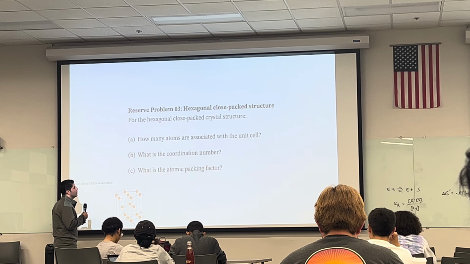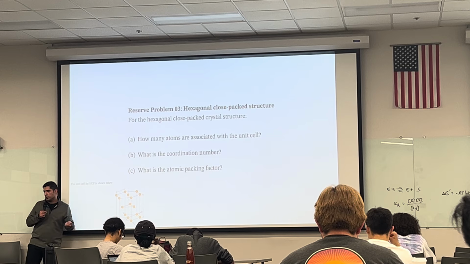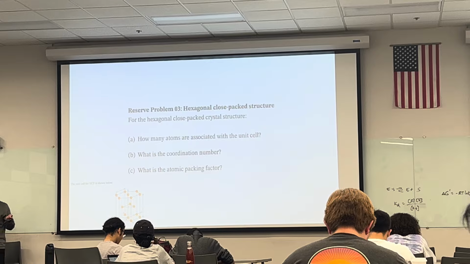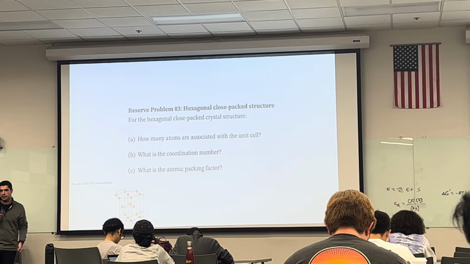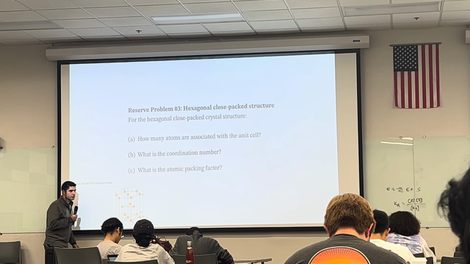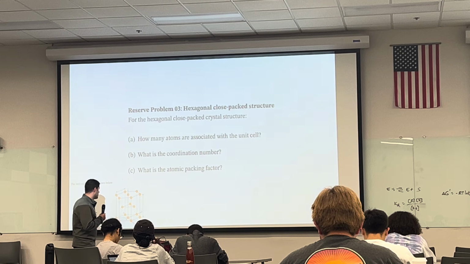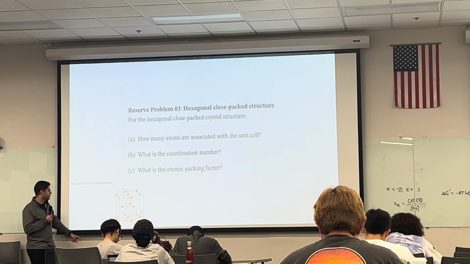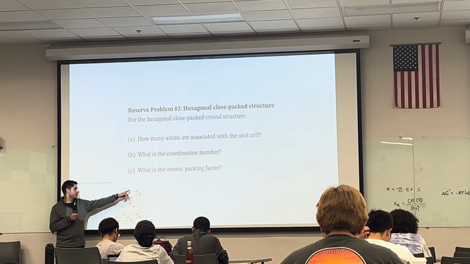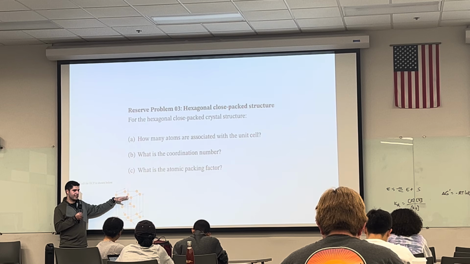How about part B, the coordination? The coordination number is the number of neighbor atoms or closest atoms. If you consider, for example, this atom here, you have 6 atoms in the same plane as this atom.